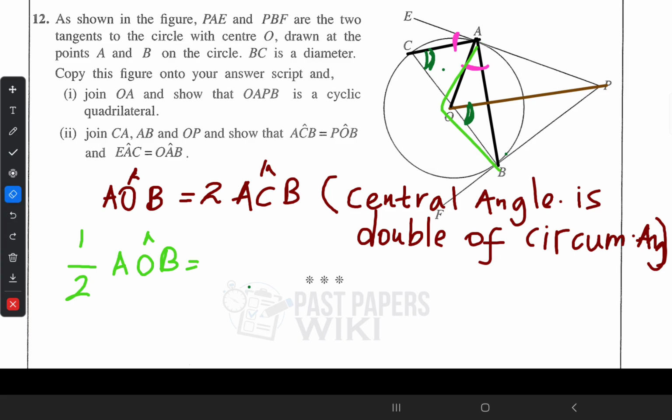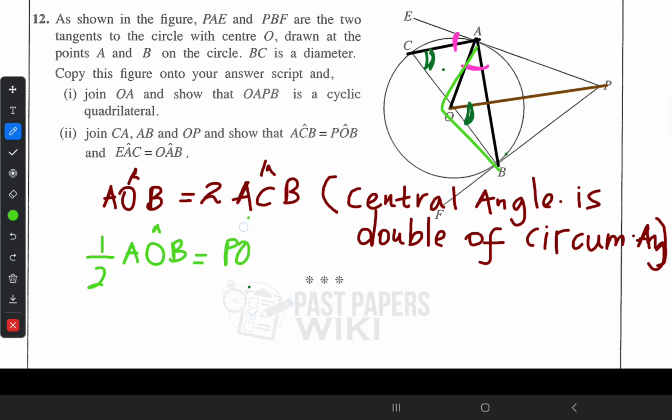Half AOB equals POB. Just understand this clearly; I was also a little confused in between. This total angle's half is equal to this. When you split this total angle into two equal portions, one of them is occupied by this POB.